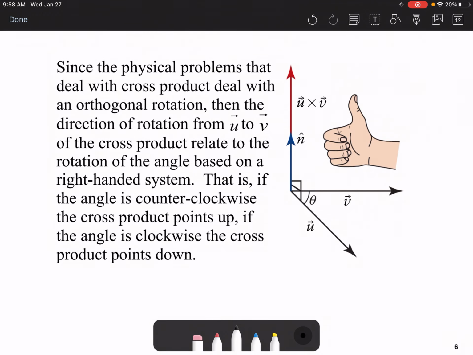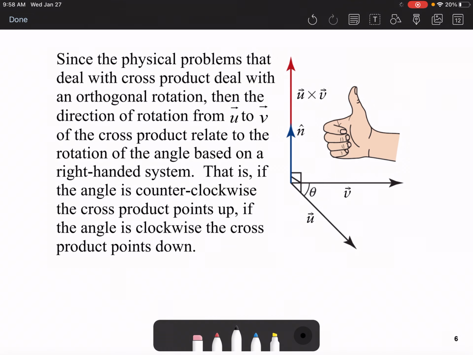Okay, so since the physical problems that deal with cross product deal with an orthogonal rotation, then the direction of rotation from u to v of the cross product relates to the rotation of the angle based on the right-handed system. So remember I mentioned that before, this was the right-handed system that is being used. So if I'm going from u to v, this is my angle going in this direction.